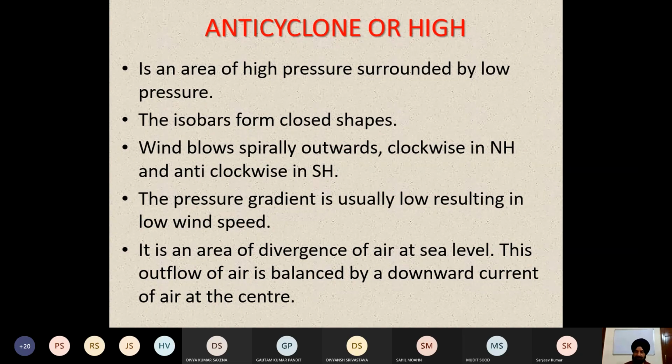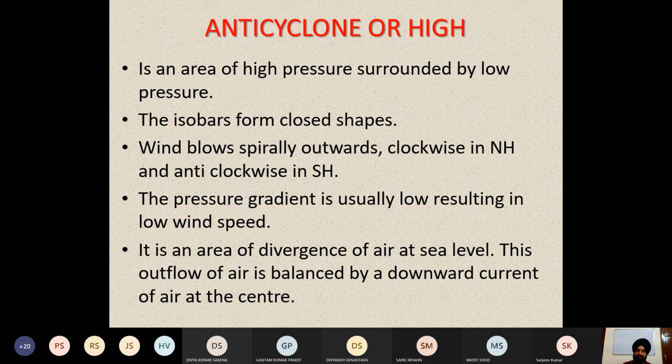And the pressure gradient is usually low, resulting in low wind speed. In a high pressure area, you know that there are very low speed winds, not much disturbance, and an area of divergence of air at sea level. So this outflow of air is balanced by the downward current of air at the center. So this is basically your anticyclone, or what we call high.